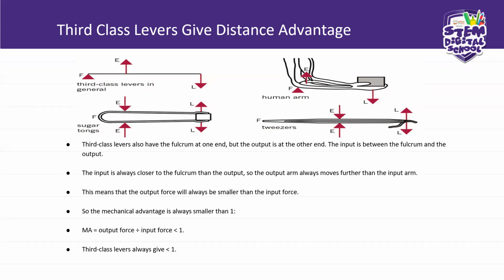So the mechanical advantage is always smaller than 1. By looking at the output arm, if it's long, that's distance advantage. Mechanical advantage equals output force divided by input force, and the answer is less than 1. Third class levers always give a less than 1 mechanical advantage. Okay?